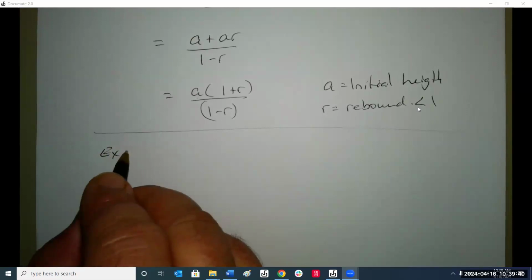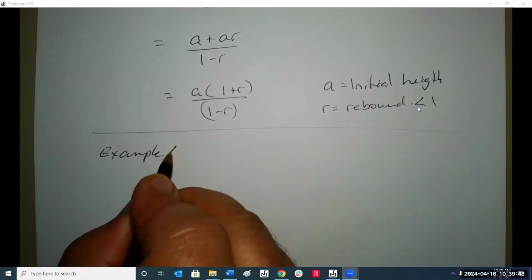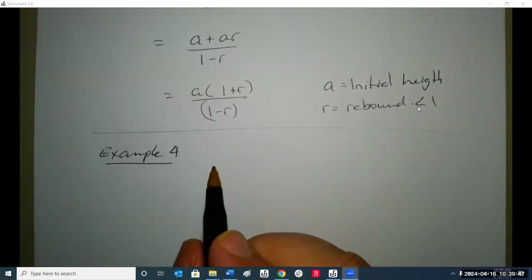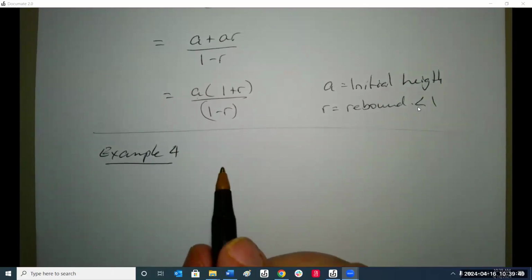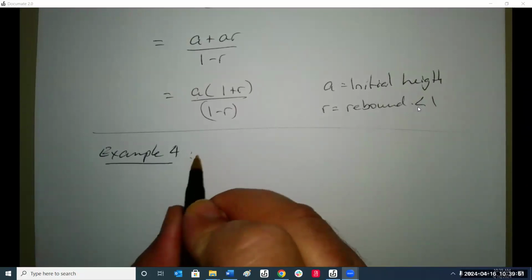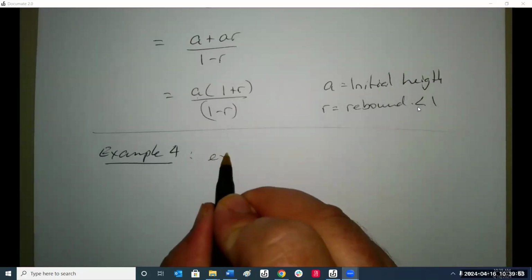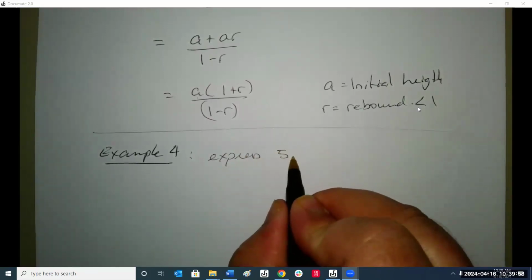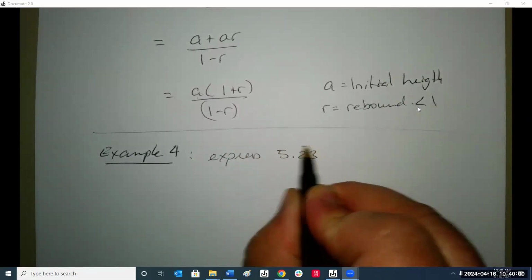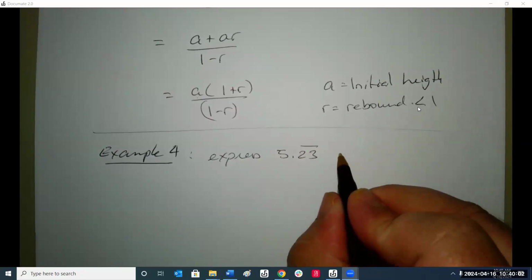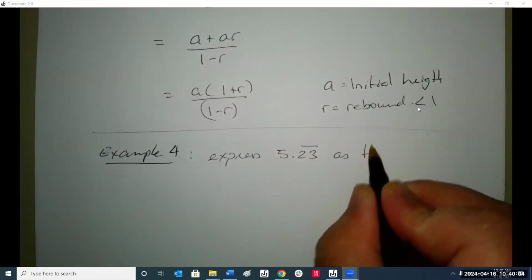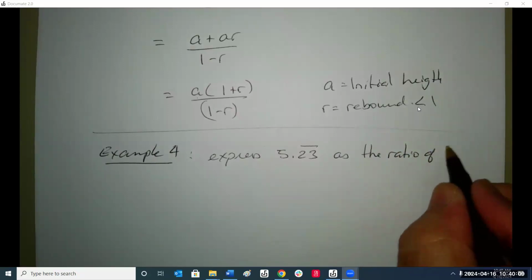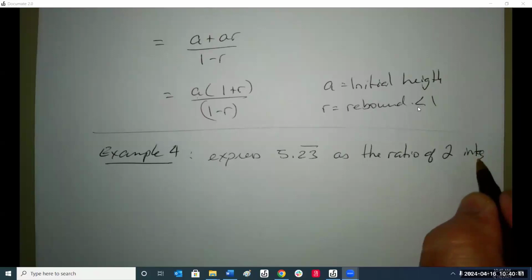Example 4. Express 5.23 repeating as the ratio of 2 integers.